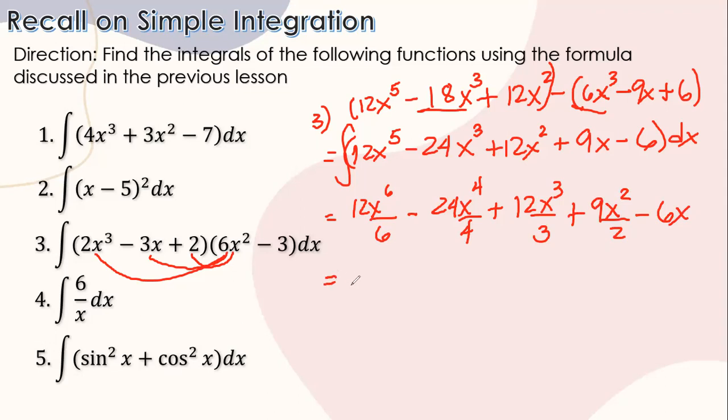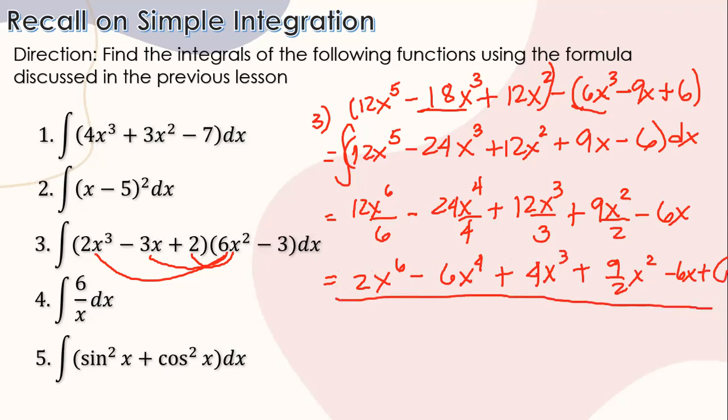For our simplified answer, 12 divided by 6 is 2x to the 6, minus 24 divided by 4 is 6x to the fourth, plus 12 divided by 3 is 4x cubed, plus 9 over 2 x squared, minus 6x, plus c. So here is our final answer.